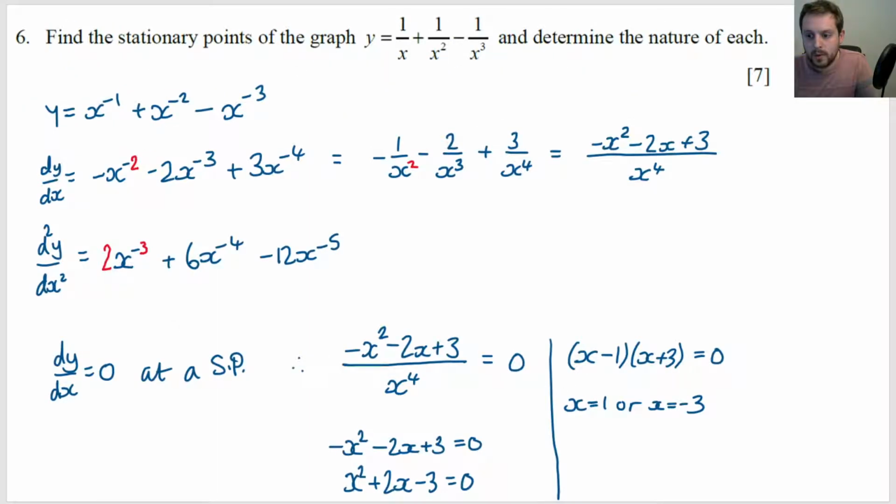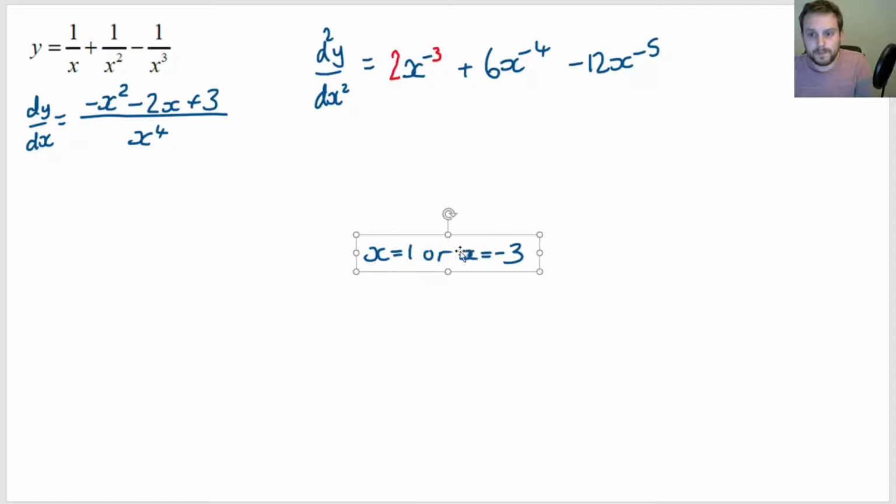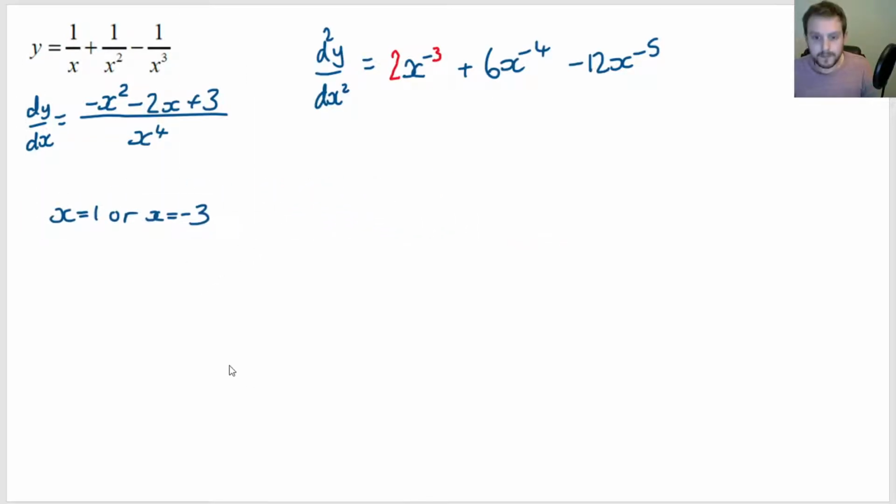And we know what our stationary points were. So I guess we've got 2 jobs left to do. We're going to make x be 1 in y to work out what the actual coordinate is. And we're going to put it into d2y by dx squared to determine what sort of stationary point it is. And then we're going to do that again for -3 as well. So there's not really any set order to this. You just have to kind of do it.